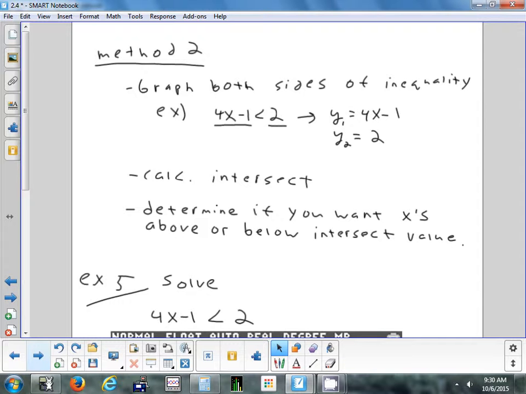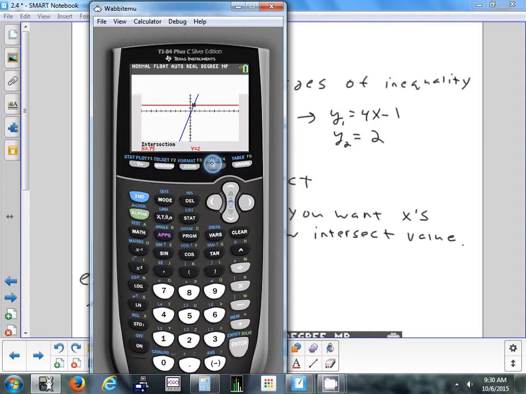When you find the intersect, what do you mean by the curve? When you do intersect, it's going to ask you what's the first curve. If you had multiple lines on this, there might be intersections all over the place. You have to tell it which two you want to find the intersect for. In our case, there's only two on the screen, so this is kind of pointless.